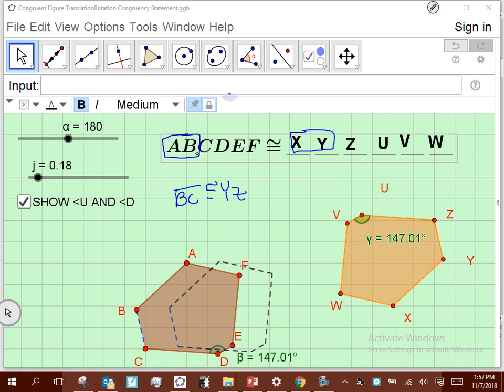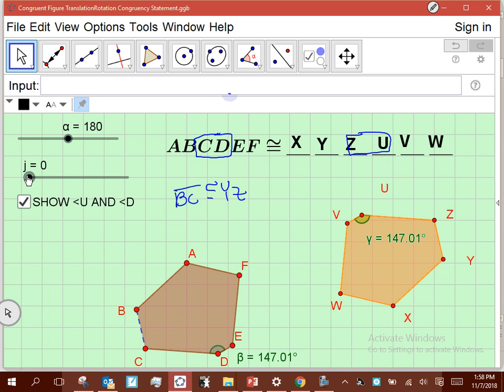We did BC. So basically what happens is if I recognize that AB and XY are congruent, now I'm just going to shift this box over 1 letter. So BC shifted over 1 letter, shift this over 1 letter, so I should get BC congruent to YZ. Keep doing that. Should CD match up to ZU? Okay, and again, pay attention to CD.